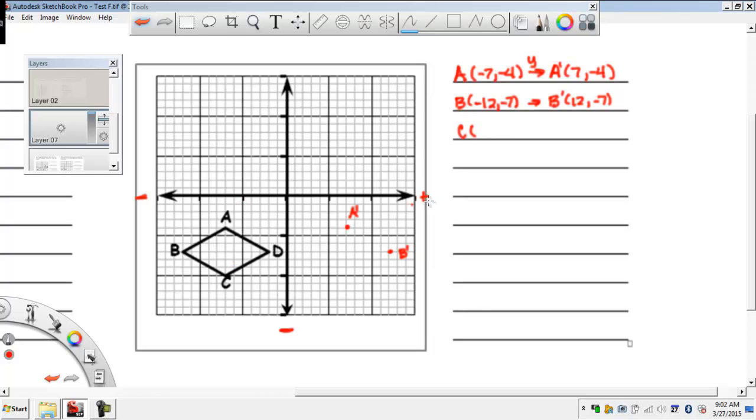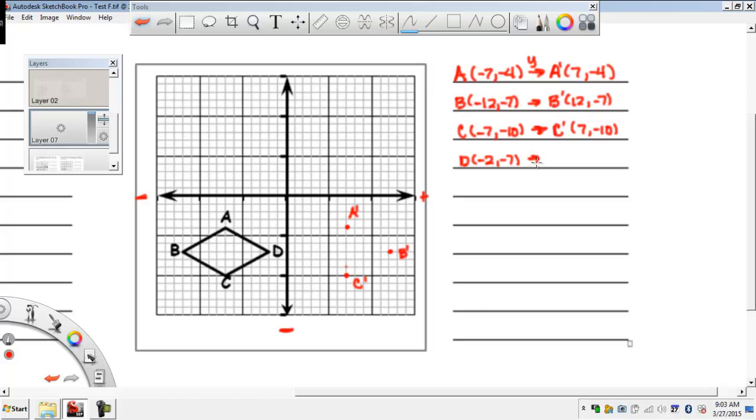C is at a negative 7, negative 10. And C prime will be 7, negative 10. And then finally, looking at D, D is at a negative 2, negative 7.